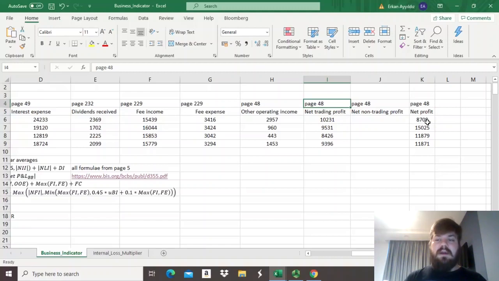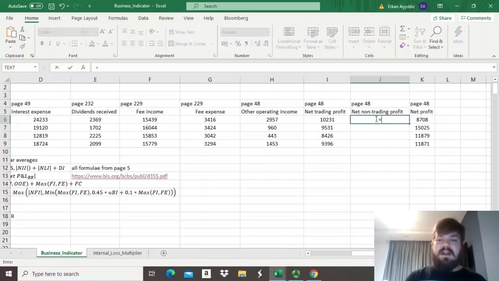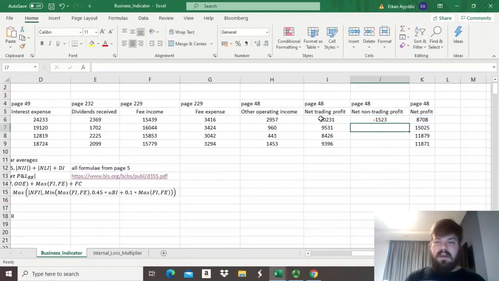And then if you find the net profit from the same statement of profit and loss, you could estimate that non-trading profit by just subtracting the net trading profit from the net profit. And that's how you can figure out net non-trading profit for each of the years.